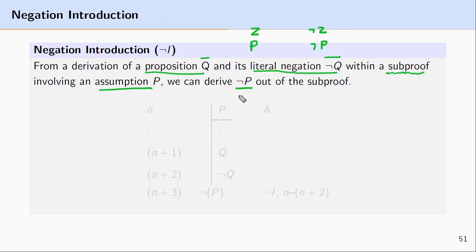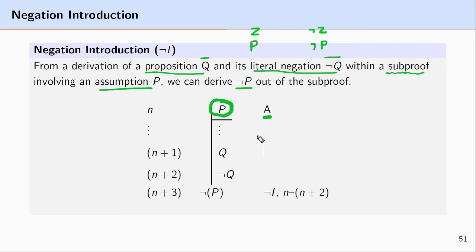So let's take a look at this. Here we have our rule where we first make an assumption, and we can assume whatever we want, but here P is assumed. Then we reason at some point in the subproof to Q and not Q. We reason to a formula and its literal negation.